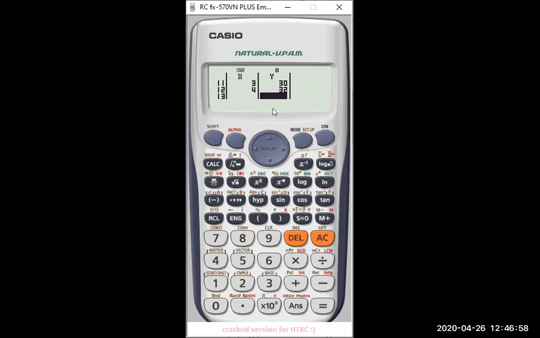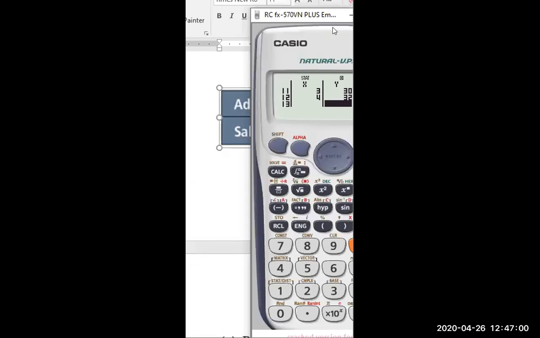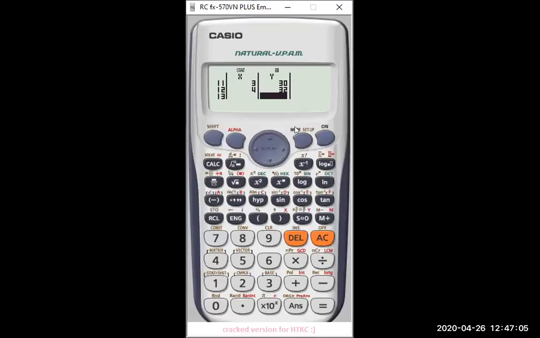Now, students, as we have inserted the data into the calculator, I am selecting AC. AC means the data is stored in the calculator directory. Now, students, press Shift 1, 1. There is 3. This means that the 3 option is for sum of x, sum of y, sum of xy.